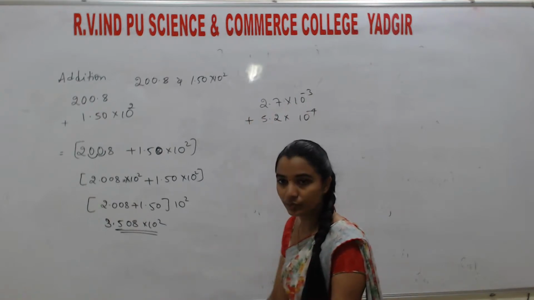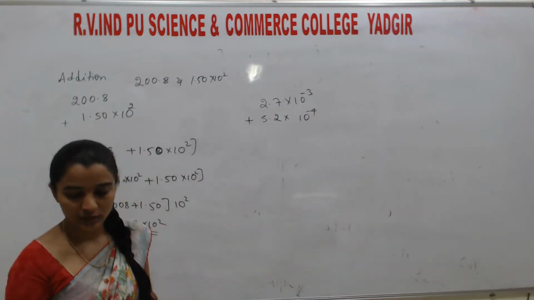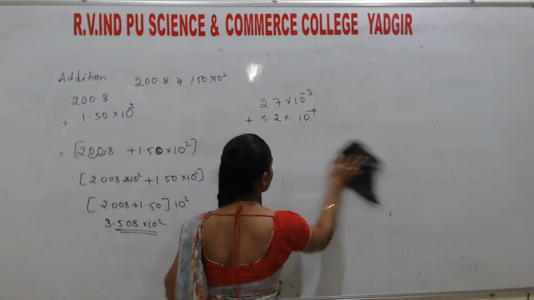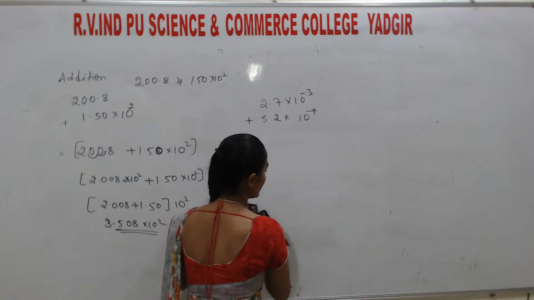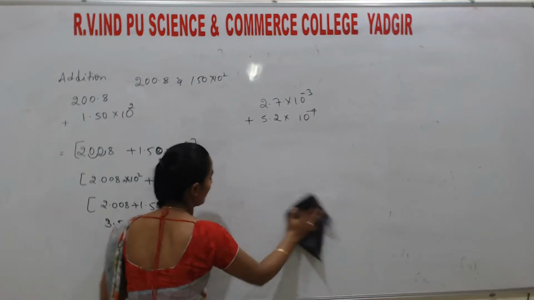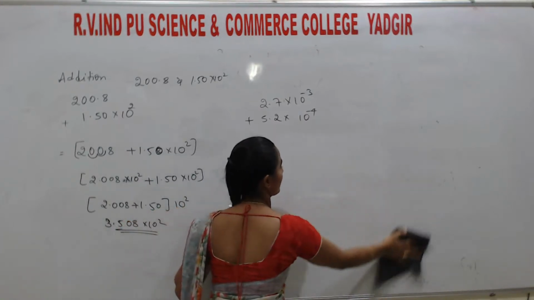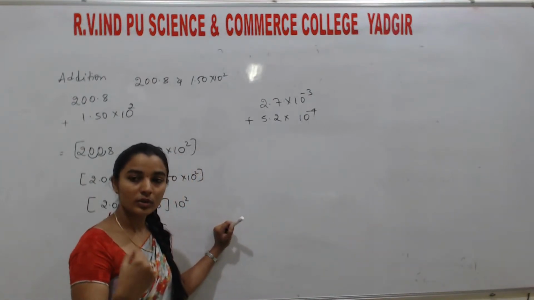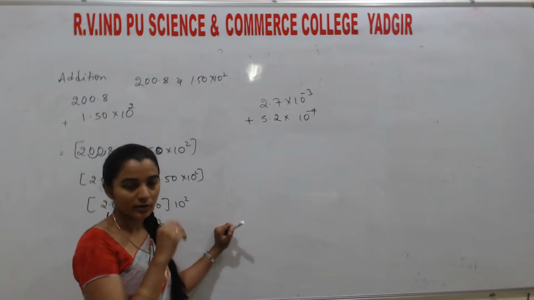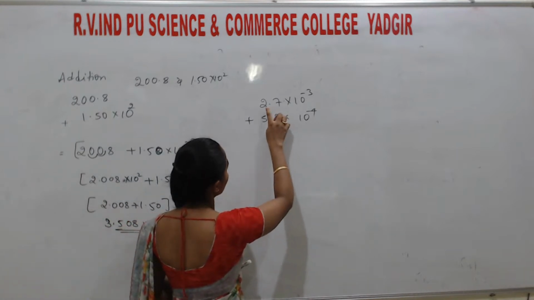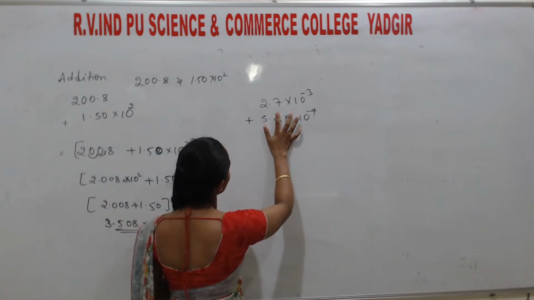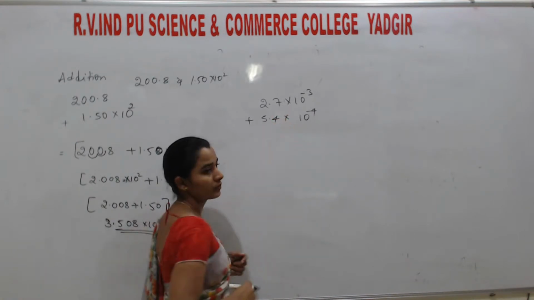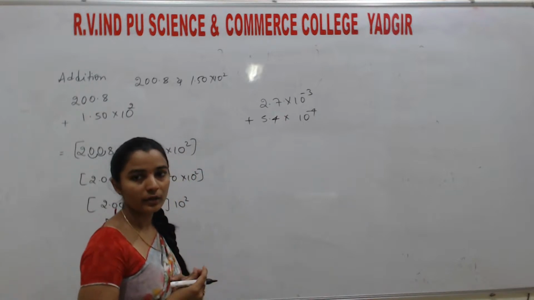Addition for these two. Understand, students? We have to add these two numbers. As I told you, the main thing for this addition is that the powers must be same. In the same number, I will show you what is addition, subtraction, multiplication and division. So take 0.7, 5.4 you take. For division, multiplication, it will become easy.